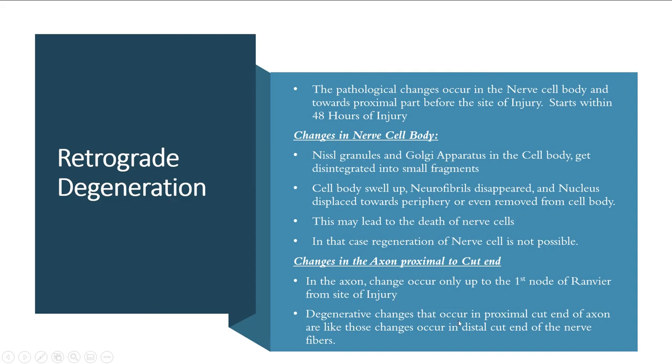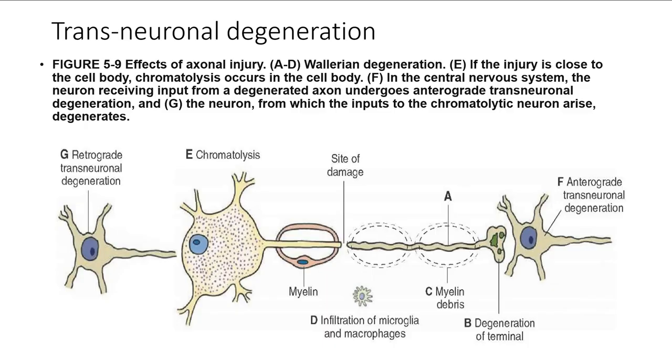The degenerative changes are similar to Wallerian degeneration, there is no difference: the myelin will be converted to fat droplets, which are then engulfed by the macrophages, and similarly the axonal part will also degenerate.